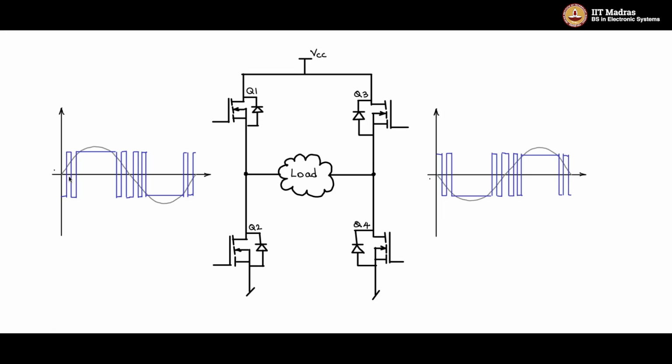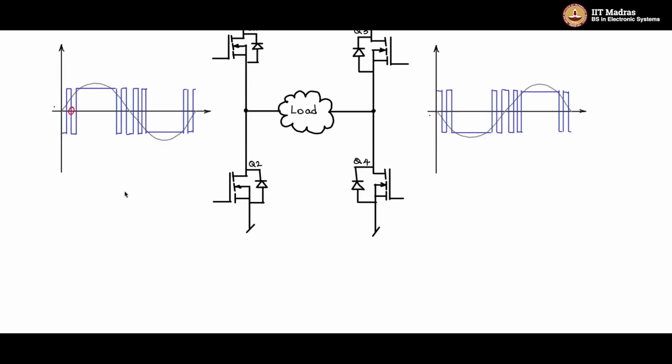Let me take that transition and let me zoom it. Let us see the voltage waveform across Q1 and voltage waveform across Q2, because top bottom transistors, that's what is important right now. And the same behavior will apply to the other arm also.